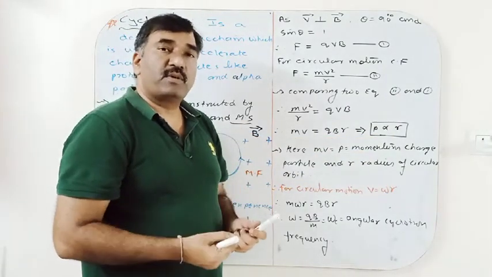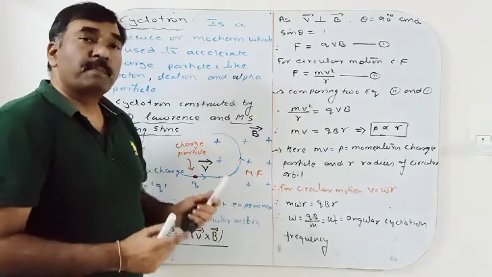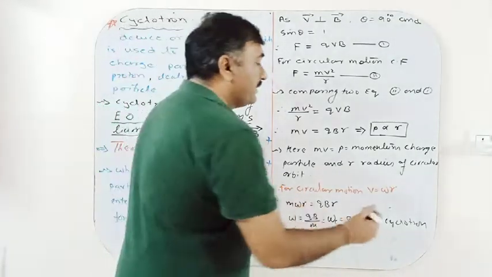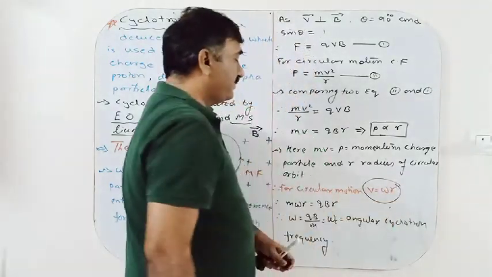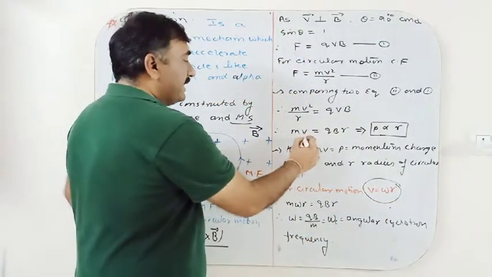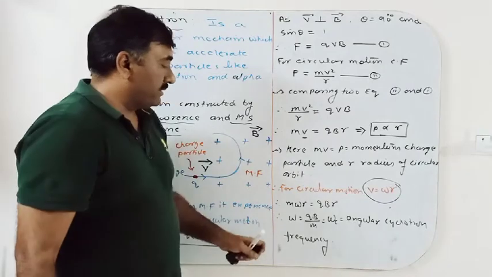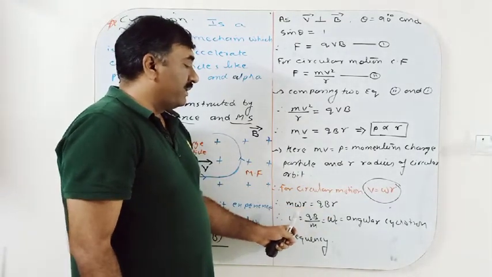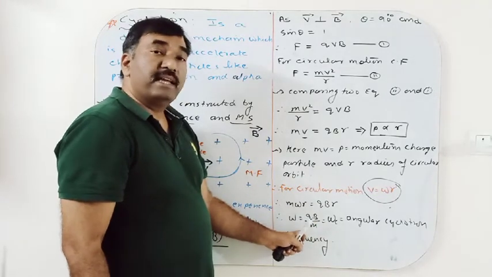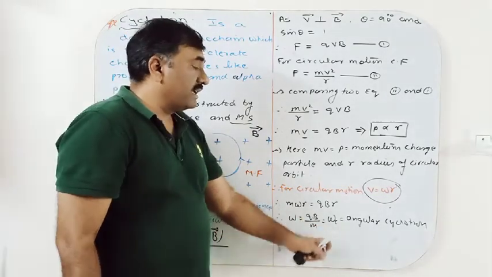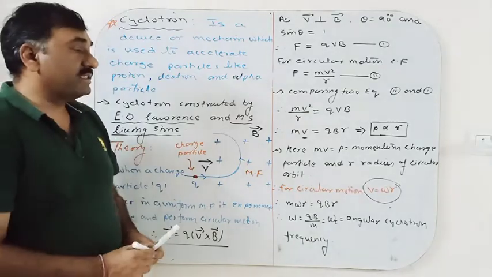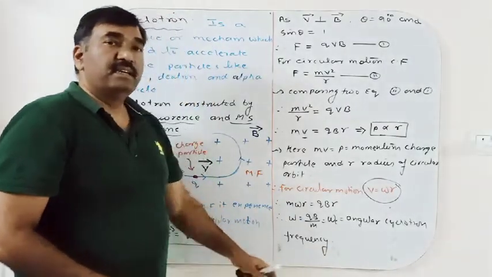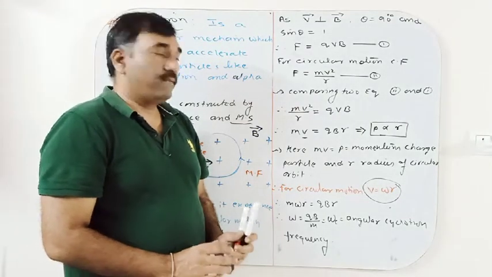As the radius of the orbit increases, its momentum also increases. But for circular motion, what is v? v is equal to omega r. So substituting omega r in place of v, what do you get? m omega r is equal to qBr, r cancels. So omega is equal to qB divided by m, and this omega is represented by omega c, which is known as the angular cyclotron frequency.